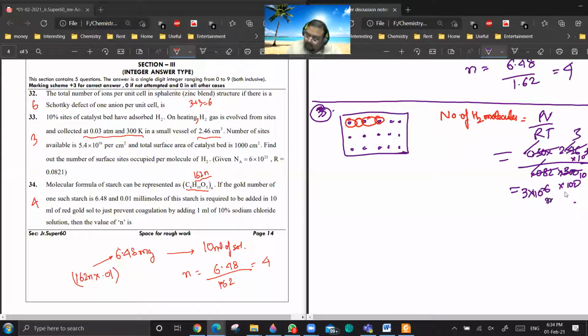Now this many moles is how many molecules? It is 6 into 10 power 23 into 3 into 10 power minus 6, which is 18 into 10 to the power 17. Okay. Now you see these many molecules are there. Number of sites: what is the total number of sites?